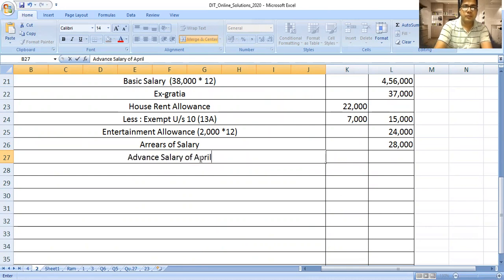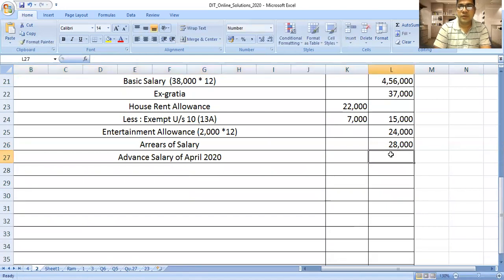This amount is taxable because arrears of salary and advance salary are always taxable.